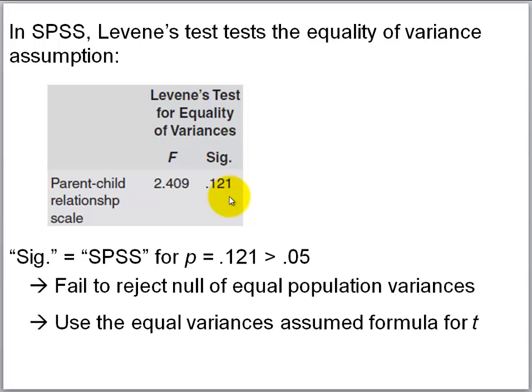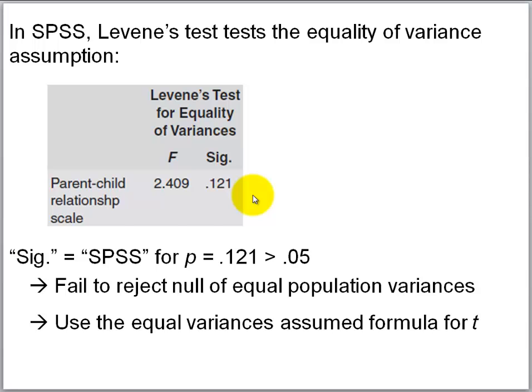And significance conveys p, or p-value. The significance is 0.12. So Levene's test is failing to reject the null of equal population variances. So we don't have strong evidence that the population variances aren't equal.